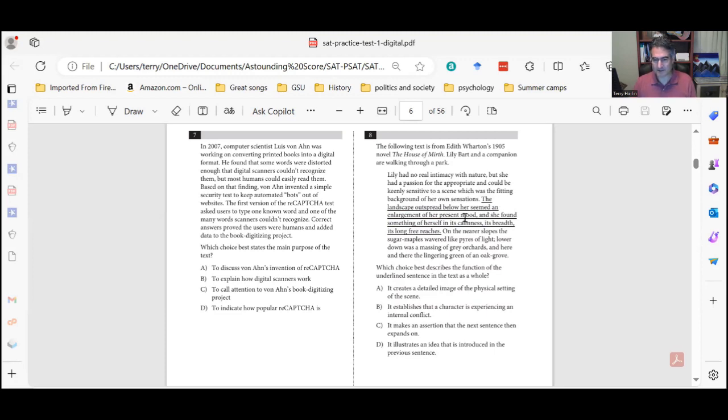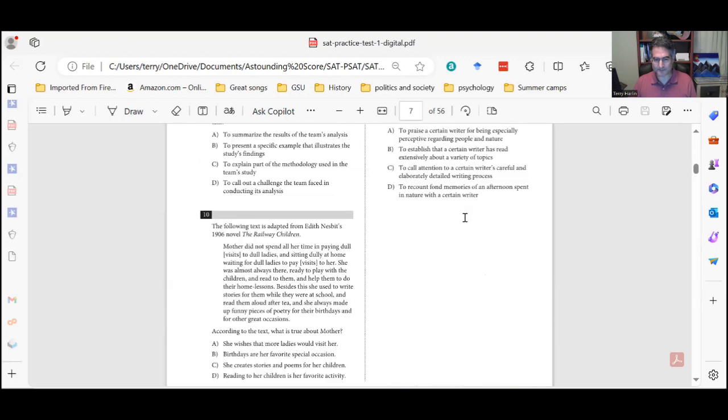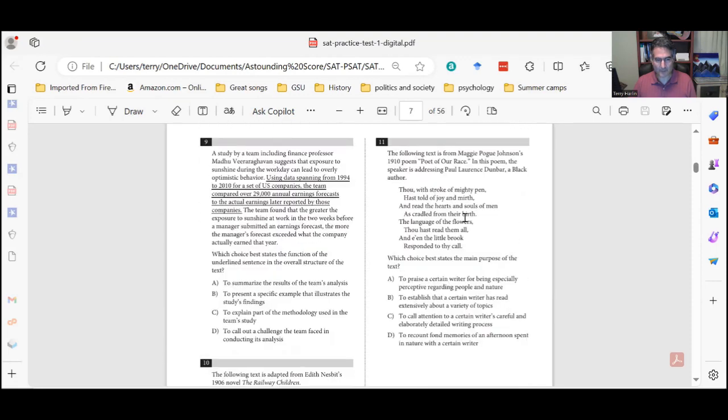Okay. Now let's take a look at number 9. Using data spanning from 1994 to 2010 for a set of US companies, using data. The team, okay, so the team is using this data. What did the team do? They compared over 29,000 annual earnings forecasts to what?